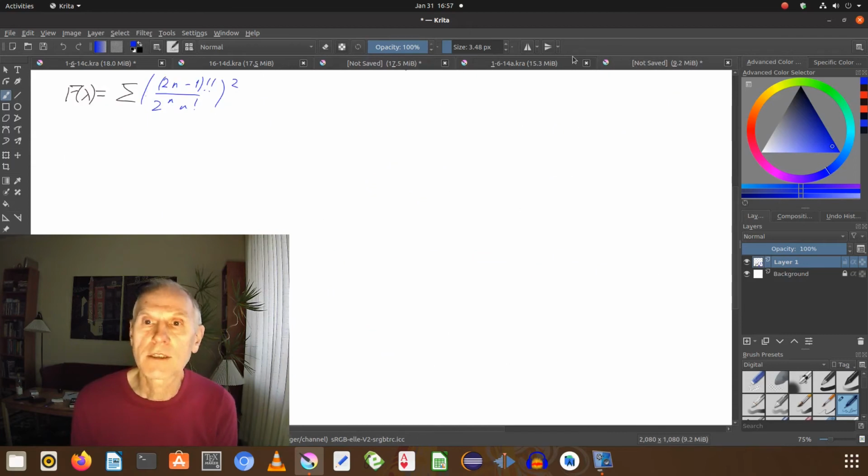And then lambda to the nth. So we differentiate it twice.